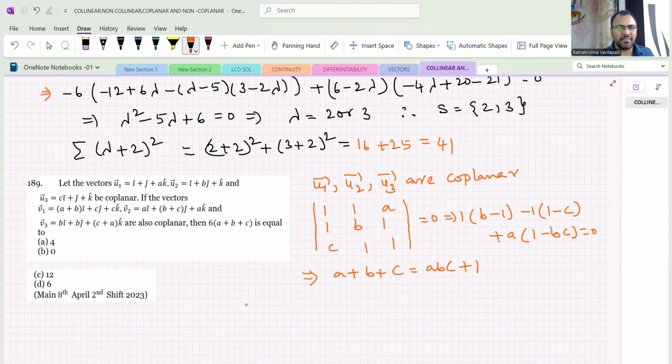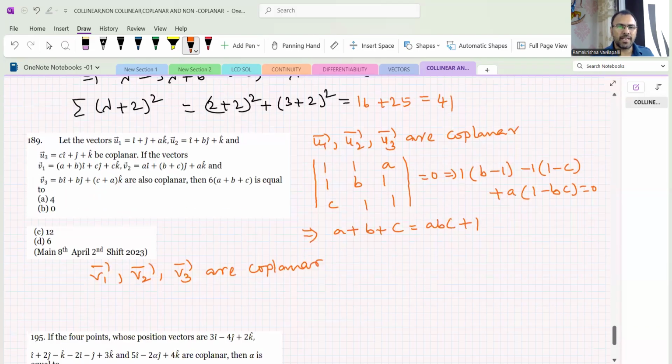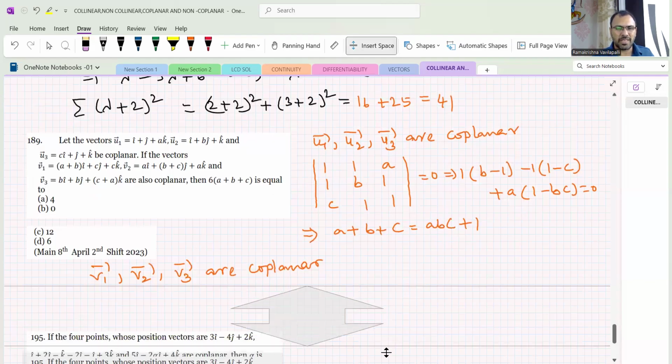Now you see that V1 bar vector, V2 bar vector, V3 bar vector are coplanar. So this coplanarity of vectors is nothing but an application of determinants. If you are good at determinants, then it is easy to solve those kinds of questions.